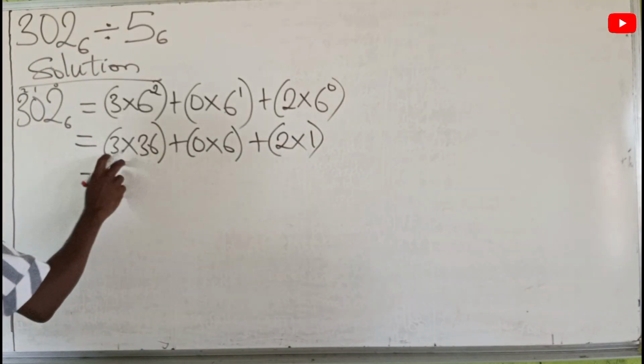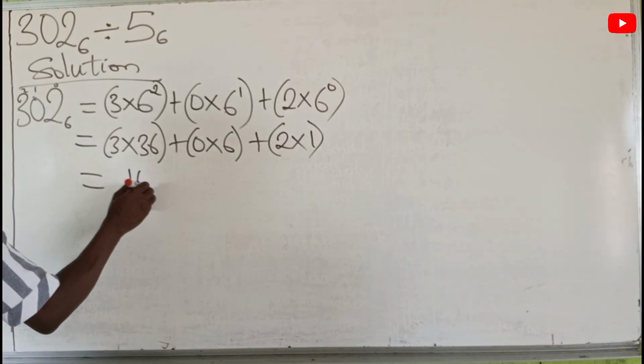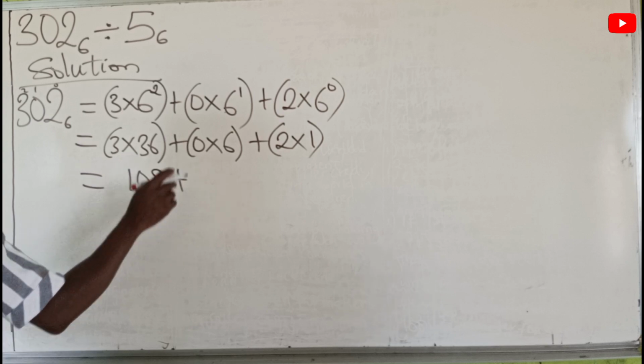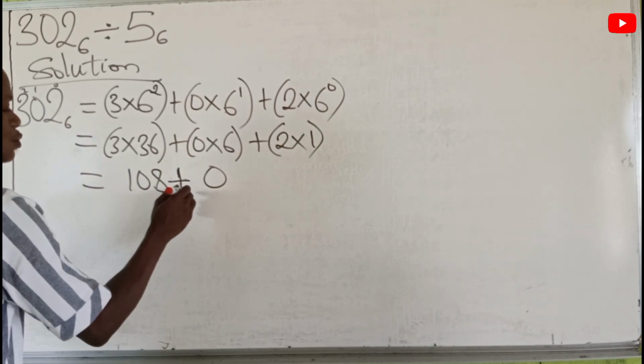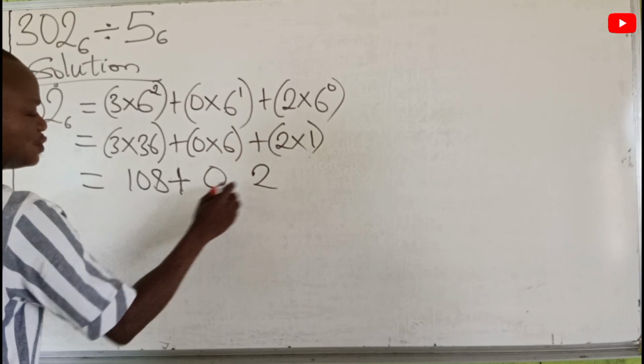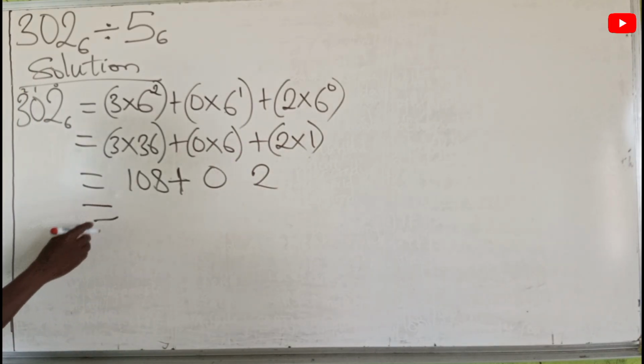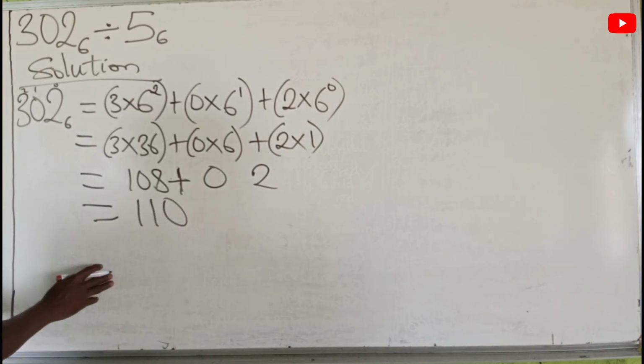That is 3 times 36, which gives us 108, plus 0 times 6 is 0, and then 2 times 1 is 2. That means our answer here is 110.